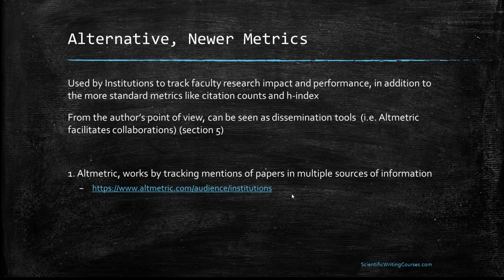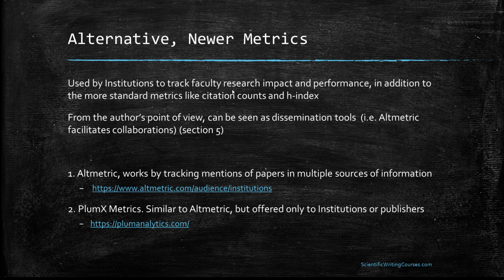They use multiple sources, I think it's 20, 24 or 25 sources of information, in order to create the Altmetric number. So this is useful if you want to demonstrate that you have a very high Altmetric number, and you can put that for a particular publication, and that shows that it tracks the performance. Your performance should be higher than another person that doesn't have any big Altmetric number.